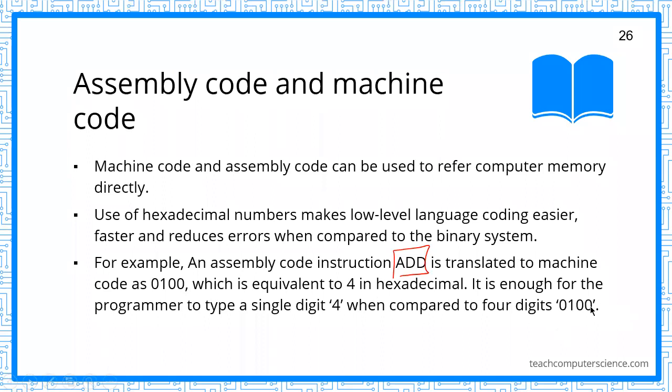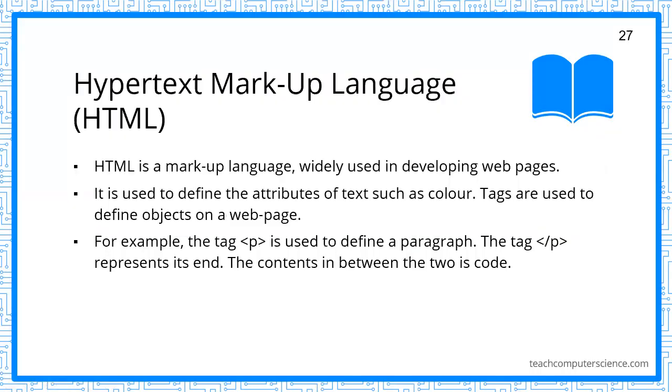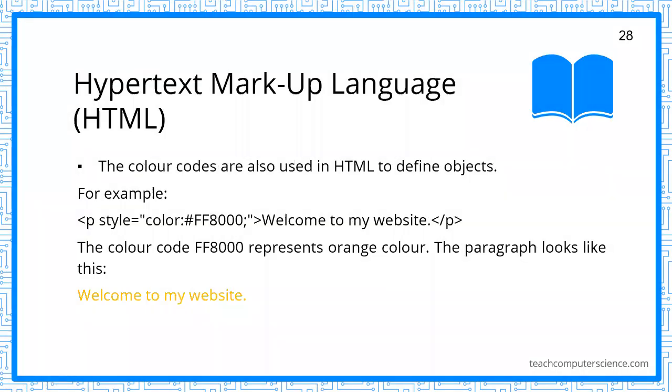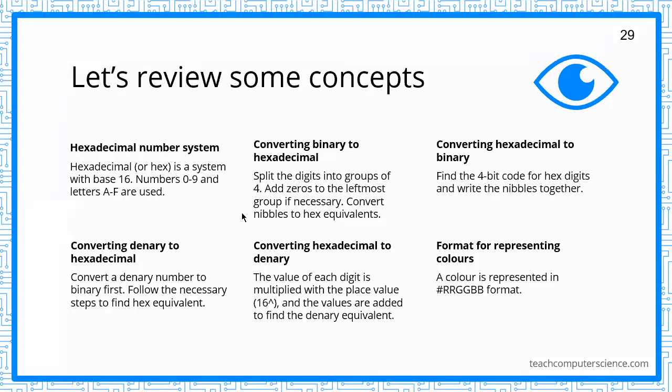When we do assembly code in detail, we will see how the instructions are written. For now, you just need to know the applications of hexadecimal. Okay, we have done the colors, the hash sign color. This is how it is used in HTML.